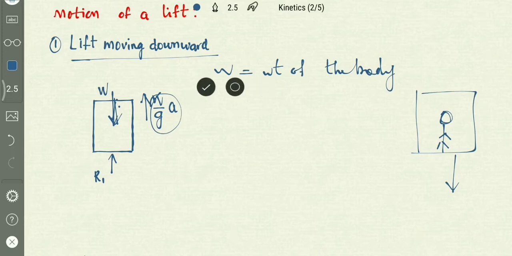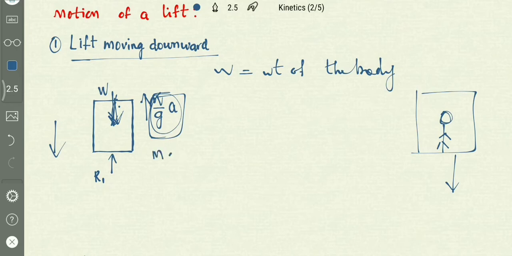Here in the lift, if it is moving downwards, the inertia force should be upwards, and the weight is always downwards because weight acts due to gravity. So here W by g is m, right? m into a.